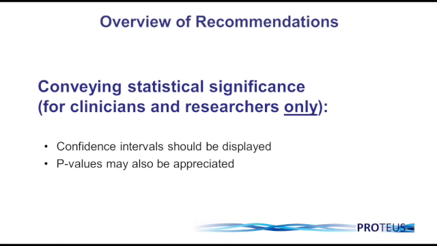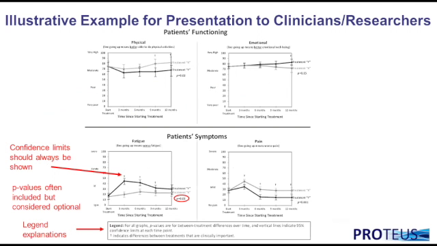In particular, the recommendations are to include confidence intervals in all cases, and note that p-values may also be appreciated. The example for clinicians and researchers shows the confidence intervals that indicate statistical significance at each time point and the p-value for the overall difference between groups over time. Both the confidence limits and p-values are explained in the figure legend.